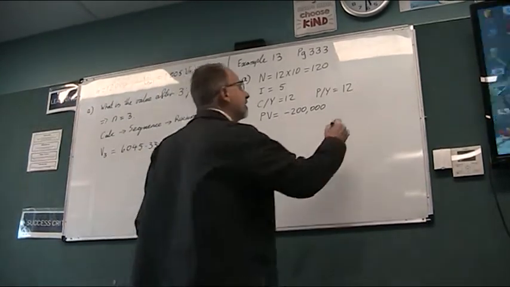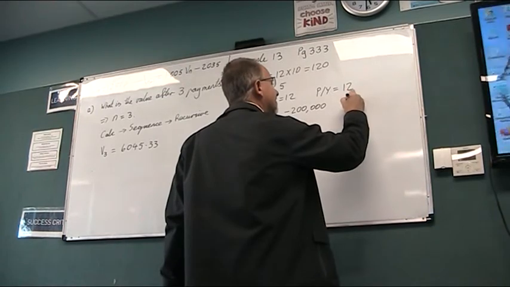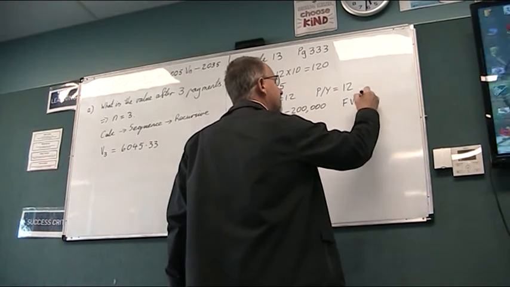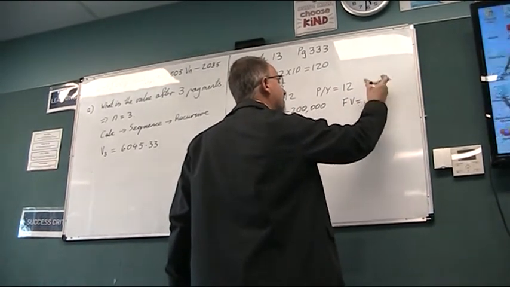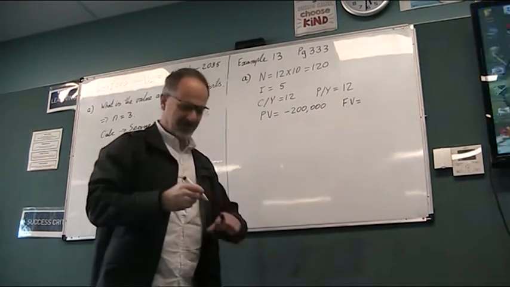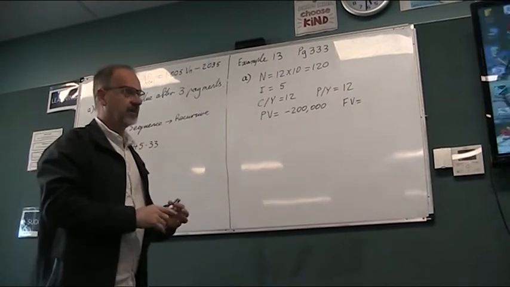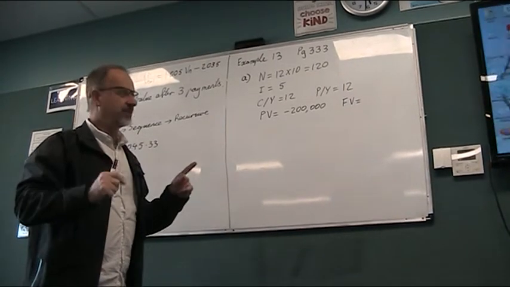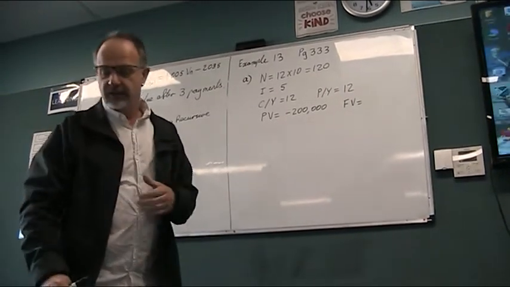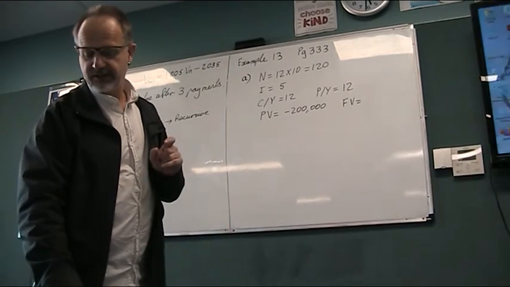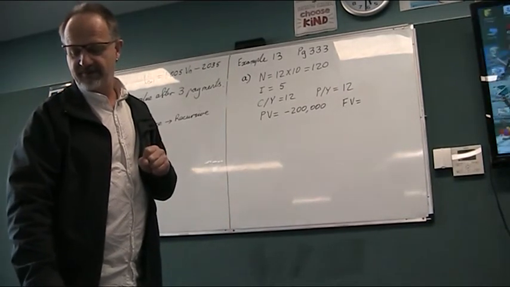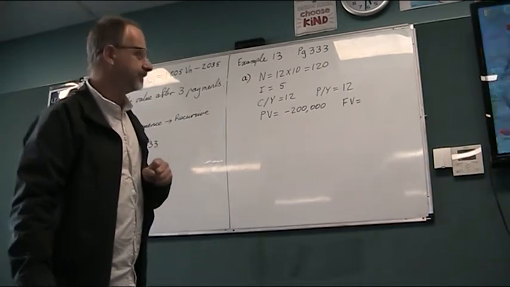All right, the future value. Good question. Future value, you need to be careful and read the questions and interpret what the question is. In the question it says, if he wishes to be paid monthly payments for 10 years.